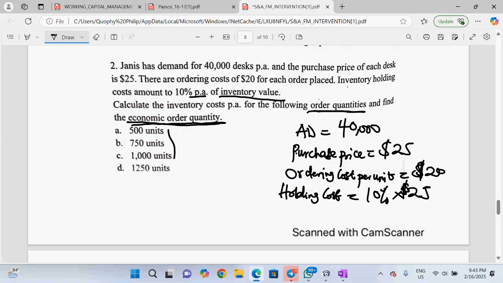So that's what we are coming to do: which of them will give us the least cost? The one that gives the least cost is the best, though it might be the best only among the four of them.